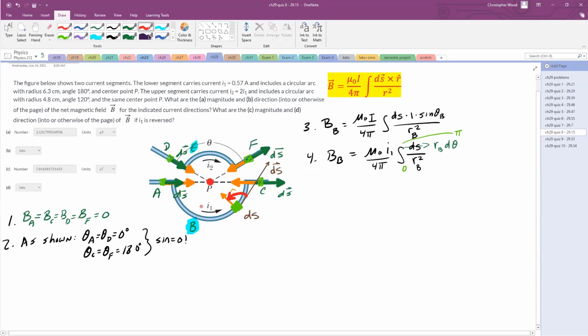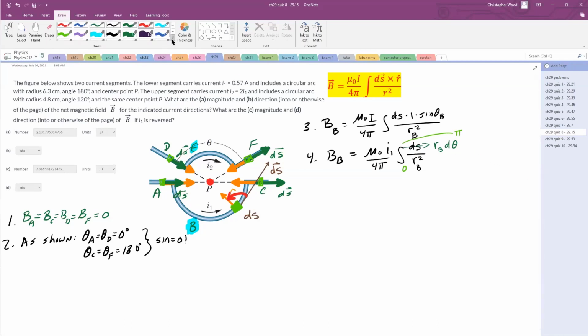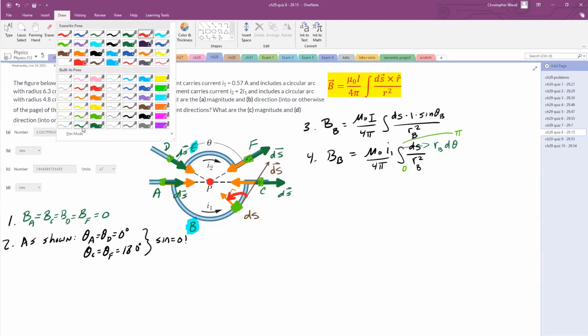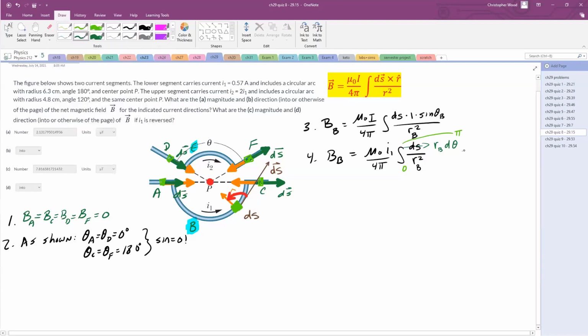It's always going to be plus k. So you're going to come up with a number, and you're going to come up with a direction. And so this equals some number, and it's in the plus k hat direction. And then you can just rinse and repeat for segment E.